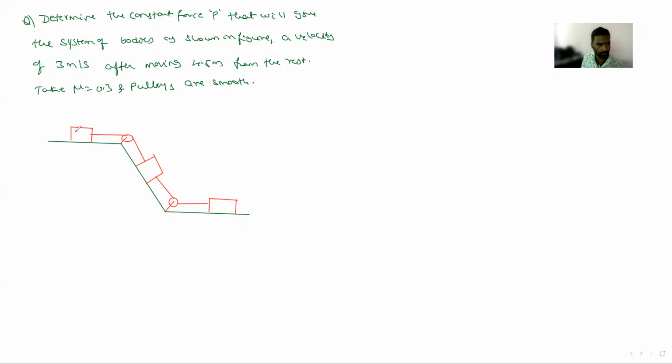This is a 500 Newton body, and the force P is applied. This is a 2000 Newton body. This is 1000 Newton. The ratio is given as 4:3. This is the rough plane. He has given the coefficient of friction. Then a force P is applied, and you have to determine the value of P.